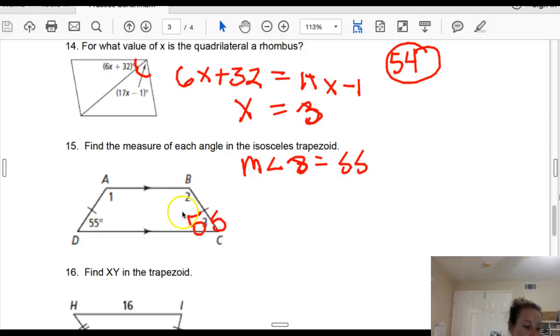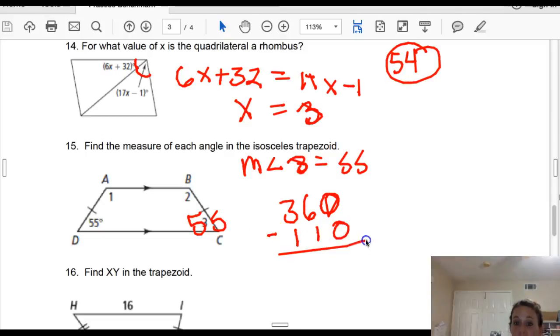Well, I know based on my formula, n minus 2 times 180, that I should have my interior angle sum up to be 360. Of a trapezoid, they should sum to be 360. If this is 55 and this is 55, well, 55 plus 55 is 110. So I'm going to subtract that off.